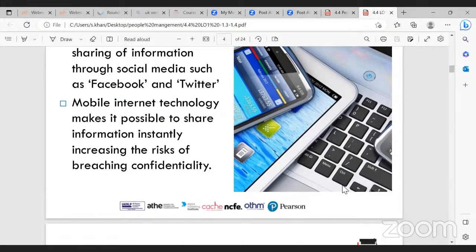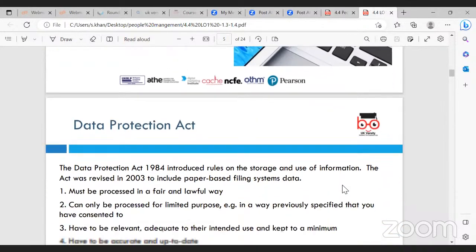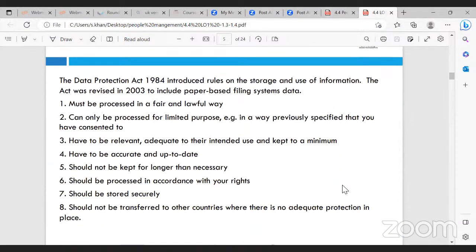Yes. Data Protection Act. The Data Protection Act 1984 introduced rules on the storage and use of information. The Act was revised in 2003 to include paper-based filing systems data. So firstly, it must be processed in a fair and lawful way. It can only be processed for a limited purpose in a way previously specified that you have consented to.